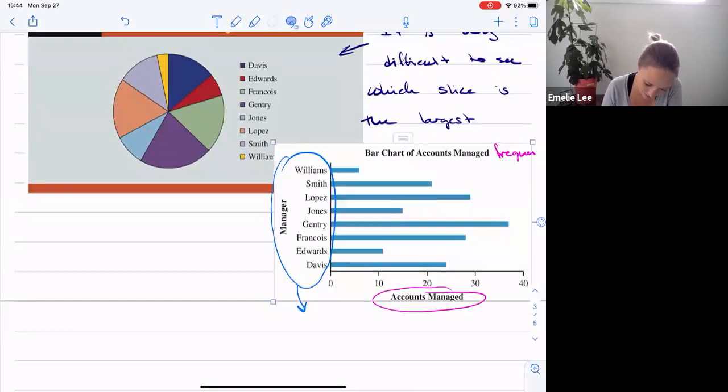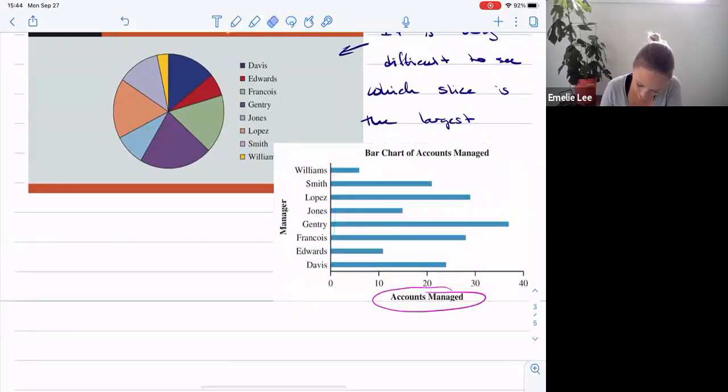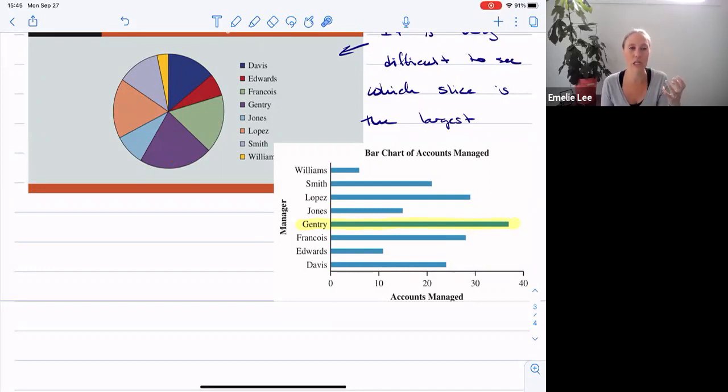Even so, when I look at the bars here, it looks like there's actually quite a large difference between the number of accounts, whereas I was going back and forth. Is it the green one? Is it the orange one? Is it the purple one? It's really hard to quickly gather information.